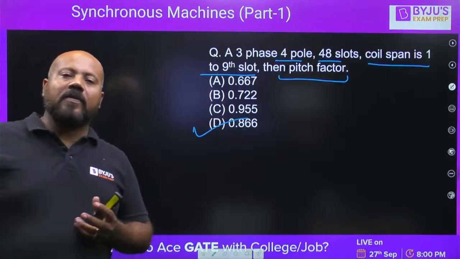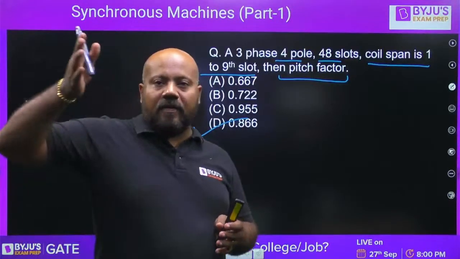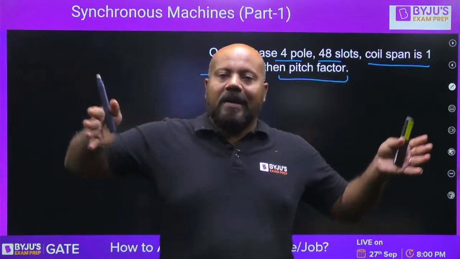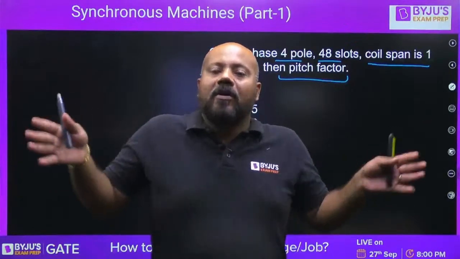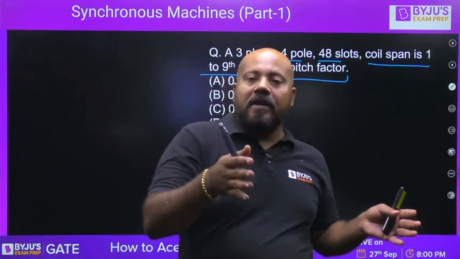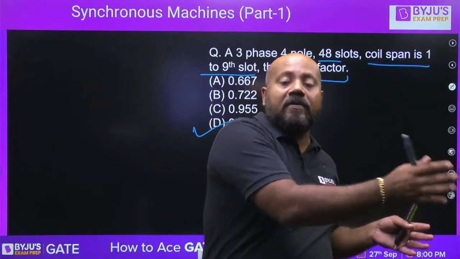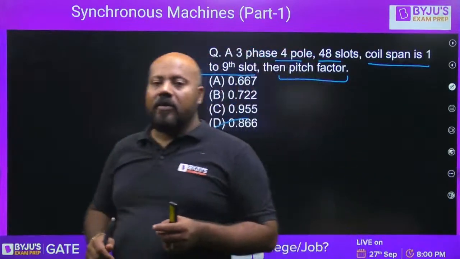If you count from 1 to 9, how many numbers are there? Because 1 and 9, in between you have to count how many slots there are. So 1 to 2, 2 to 3, 3 to 4, 4 to 5, 5 to 6, 6 to 7, 7 to 8, 8 to 9. So you will be getting 8.